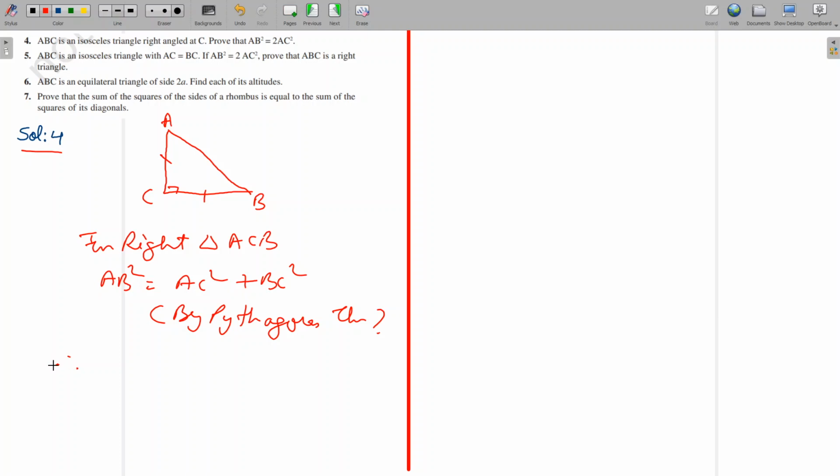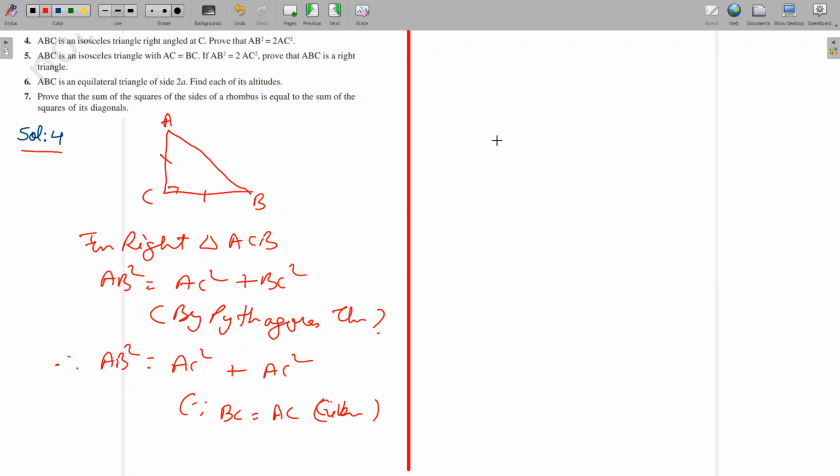Therefore, now what is given to us is that AC equal to BC. Therefore, we will get AB square equal to AC square plus, we will replace BC with AC, plus AC square. Why? Because BC is same as AC, given.